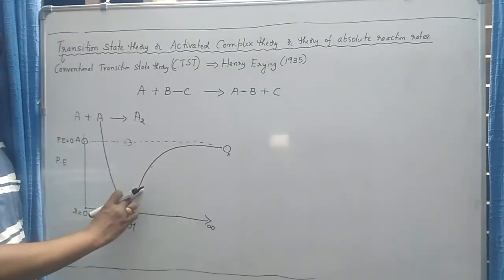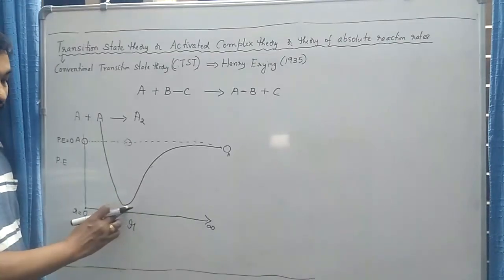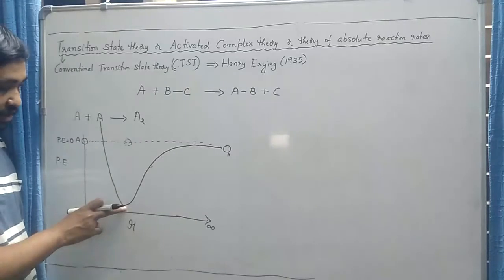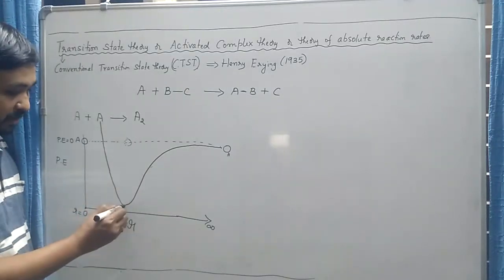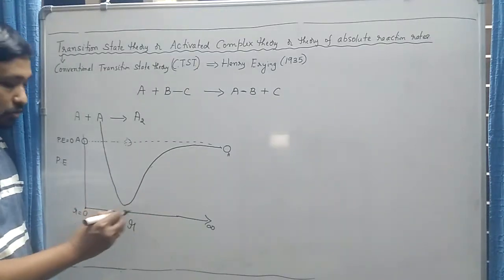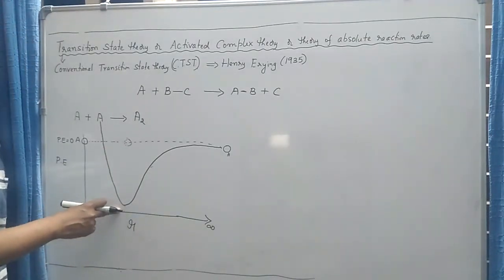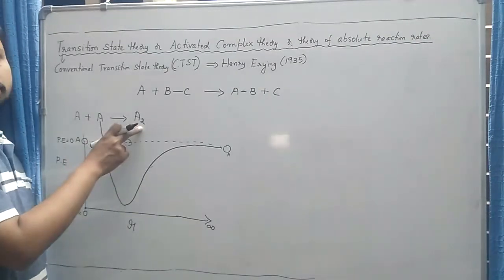It becomes more and more negative, and the force of attraction is maximum and the potential energy is minimum here. So this corresponds to a situation where this molecule A2 is formed. So at this particular point, which corresponds to the lowest or minimum potential energy, this corresponds to the formation of the bond between the two atoms.